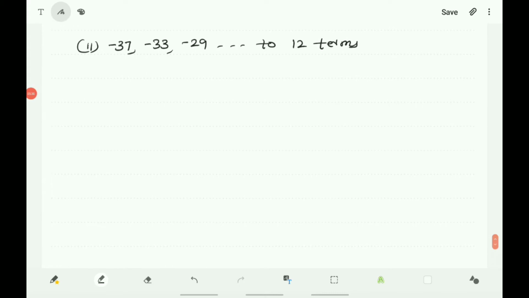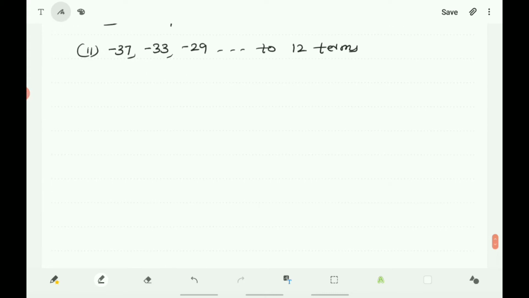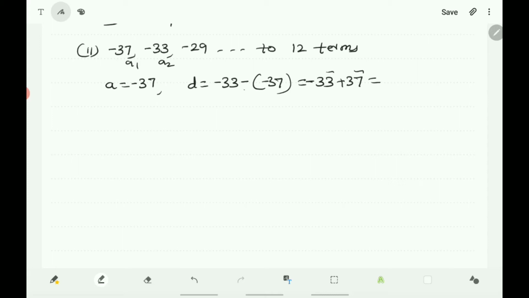Take the second question. Find the sum of the AP minus 37, minus 33, minus 29, and so on to 12 terms. Here the first term A is minus 37 and D equals A2 minus A1, that is minus 33 minus of minus 37, and minus of minus is plus, so it becomes 37 minus 33, that is 4, and n equals 12.